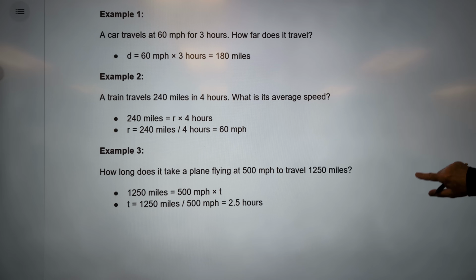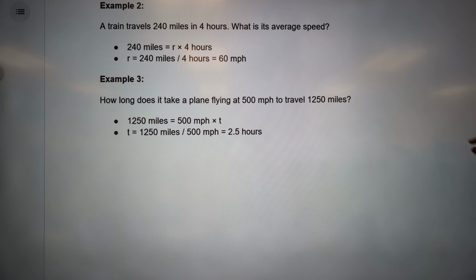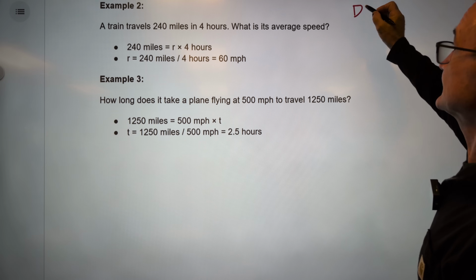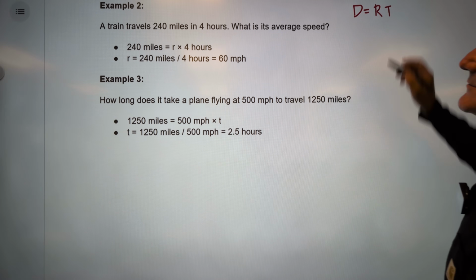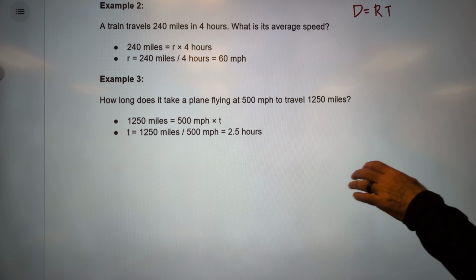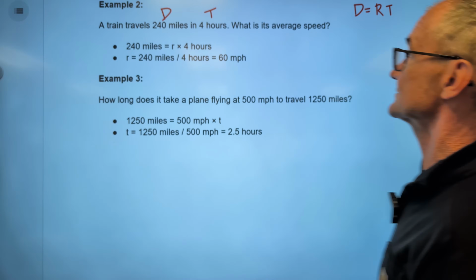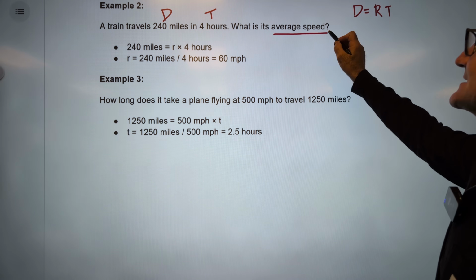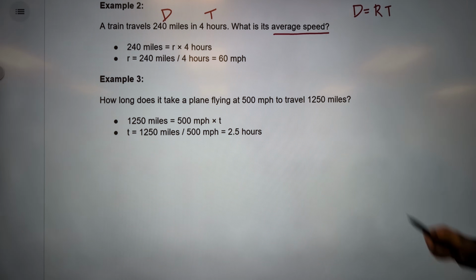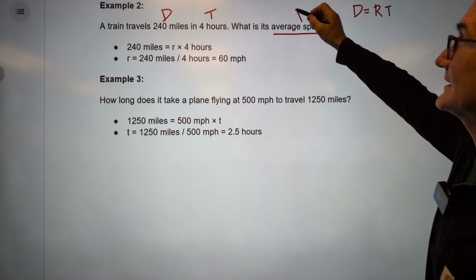Here's another example right here, example 2. So we have distance is equal to rate times time. Let's see what we have here. A train travels 240 miles in 4 hours. What is the average speed? So I am asking for rate here, and I could do this two ways.